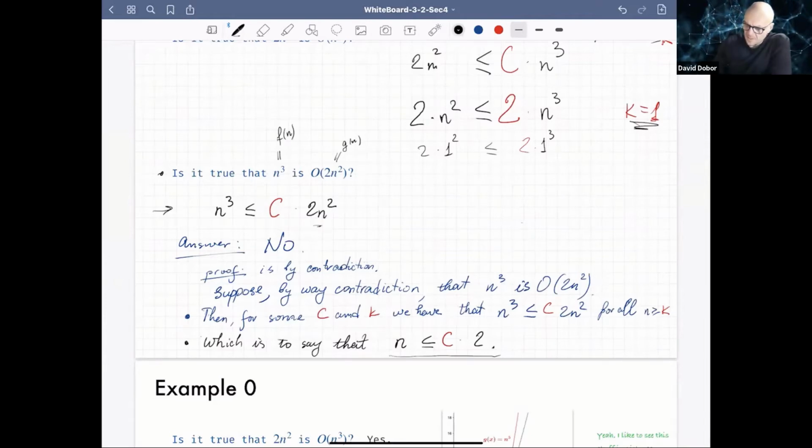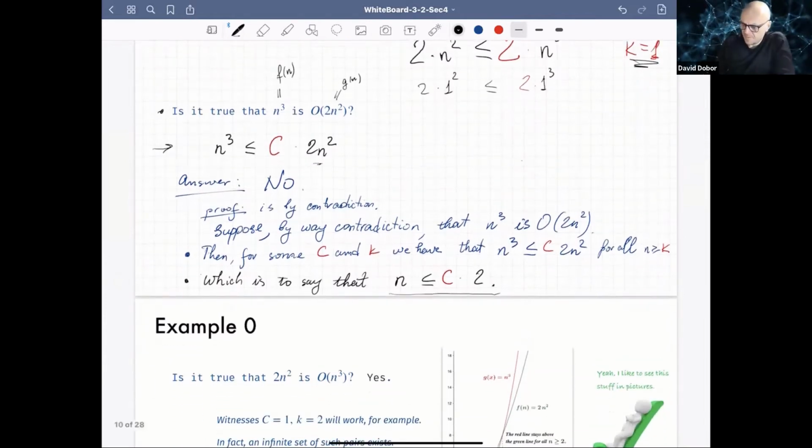Why? Let's call this inequality star. But pick n greater than or equal to the k you gave me and c times 2, the max of the two. But let me just be a little loose here and actually pick n equal to c times 2 plus 1, just 1 bigger.